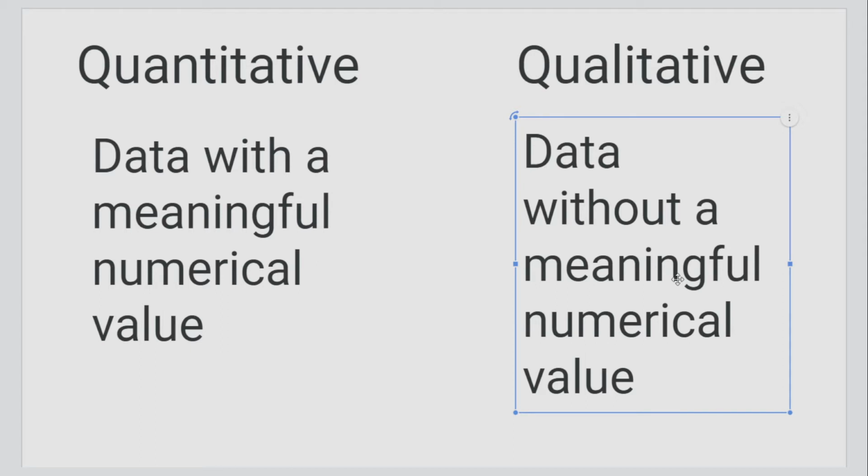Same thing with, for example, sports jerseys. Those usually have numbers in the back. I can't really subtract two numbered jerseys from each other to get a meaningful value. So those are qualitative. Qualitative data can also be words. For example, colors, red, blue, green, those are qualitative. I can't do math on those.